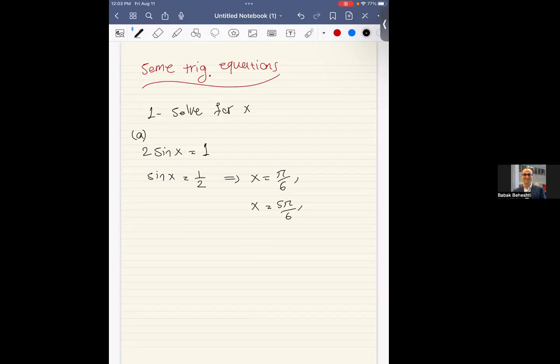So pi/6 and 5pi/6, and then 2 pi plus pi/6, and then 2 pi plus 5pi/6 and so on. So in general, x equal to 2 times k pi plus pi/6, or x equal to 2 times k pi plus 5 pi/6, for any integer k.